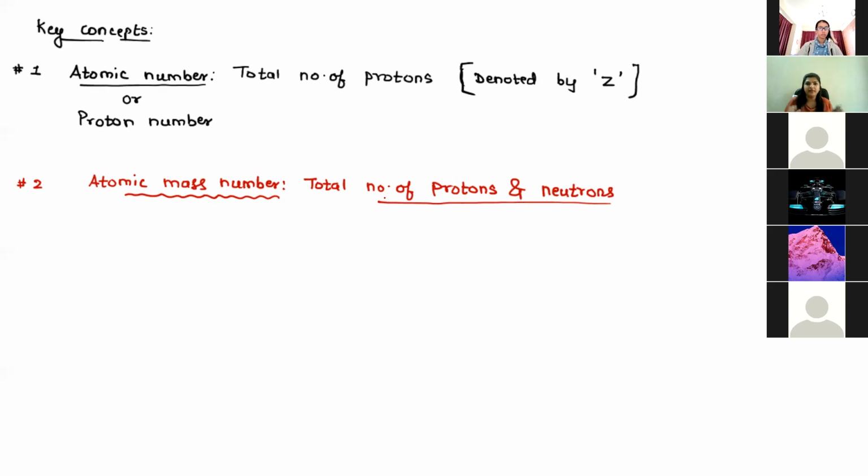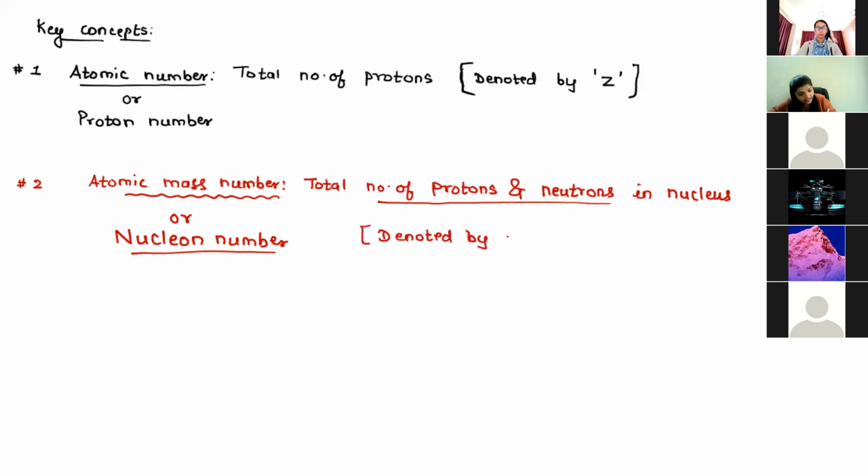In the nucleus. So atomic mass number is the total number of protons and neutrons in the nucleus, and that's the reason it is also called nucleon number. They can sometimes ask you to define nucleon number. Nucleon number means the number present inside the nucleus. So it is the number of protons plus the number of neutrons, and it is denoted by the letter A.